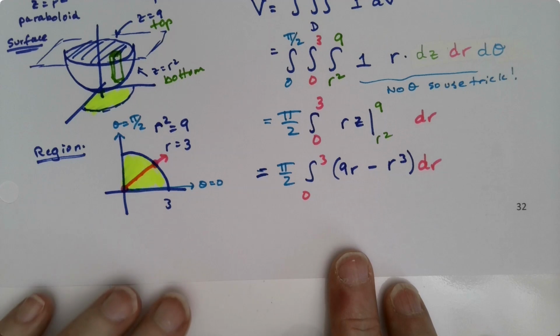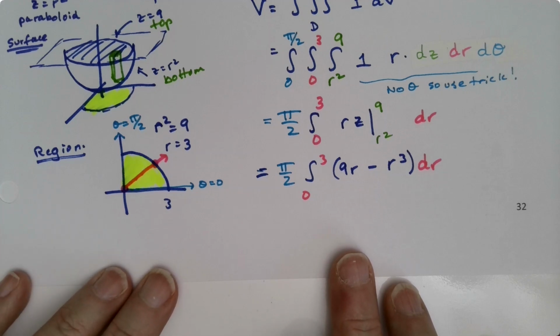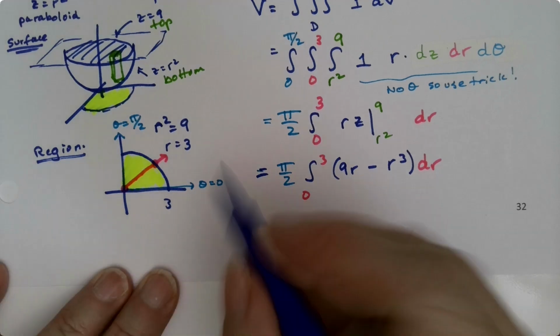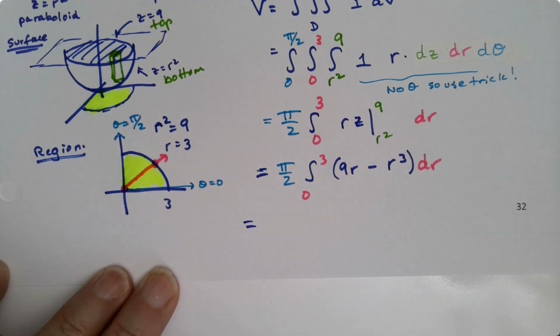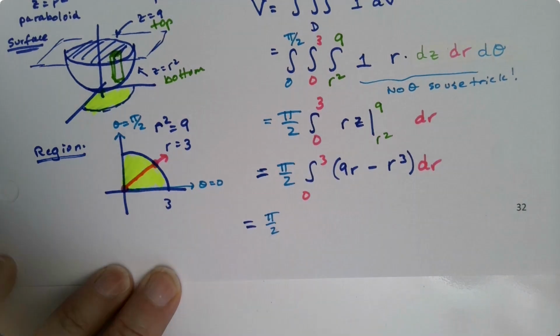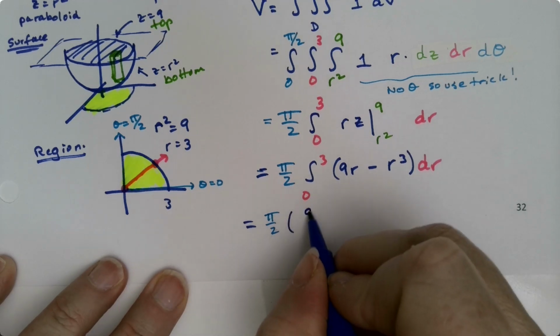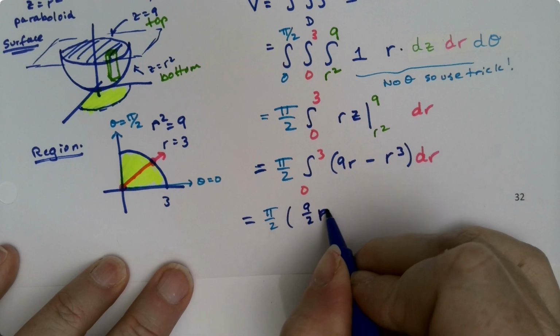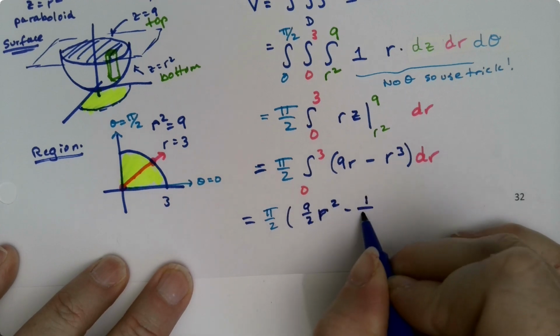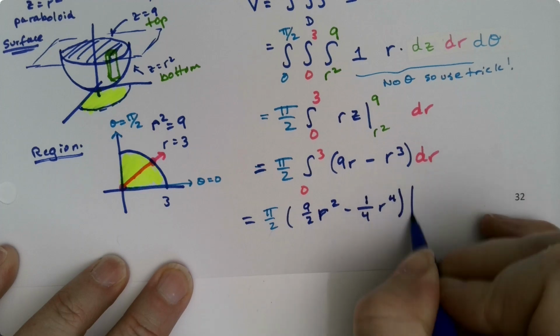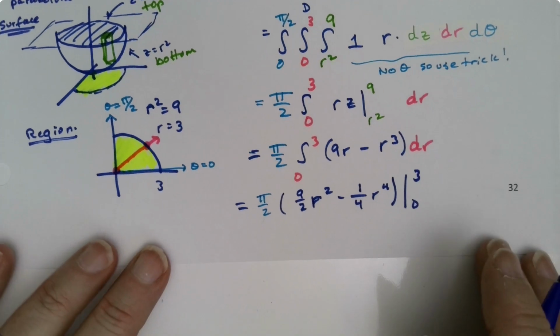I mean, we can do this by hand. This is not hard. So this is pi over 2 still in front times, and then this would become 9 halves r squared minus 1/4 r to the 4th from 0 to 3.